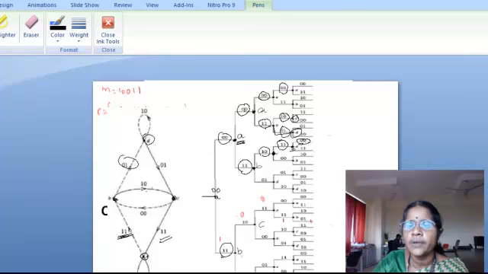And then from state C, if you take an input of 0, you come to state A, and the output is 1 1. So it goes like this. If you want to come to the lower branch from this C, then you have to take an input of 1.